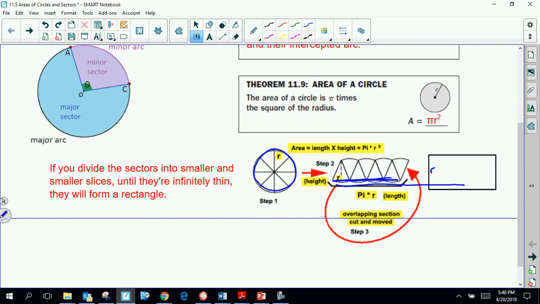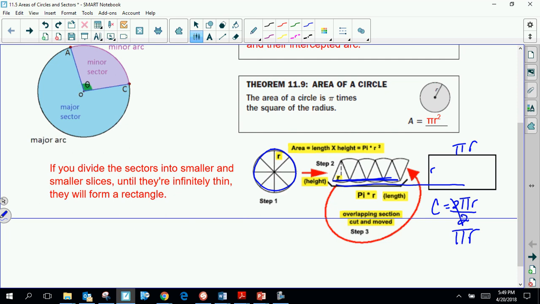So since the circumference is equal to 2 times pi times the radius, if I take half of that, what I'm left with is just pi times the radius. Well, that pi times the radius becomes the side of the rectangle.